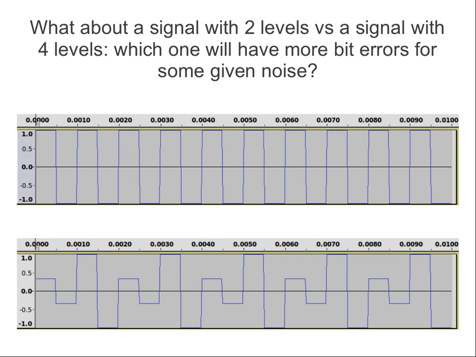So the more levels we have, the more chance of bit errors when we have noise in the system. And that's the negative or the disadvantage of the second scheme. It gives us a higher data rate, but when we have noise, we get more bit errors. And in fact, that reduces the rate at which we can transfer our real data.